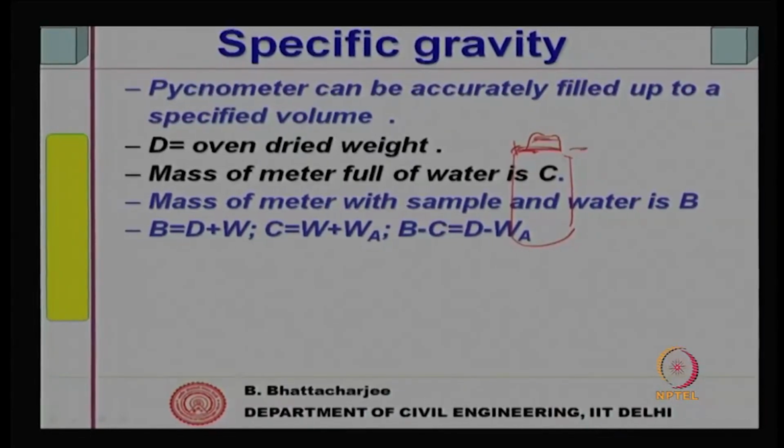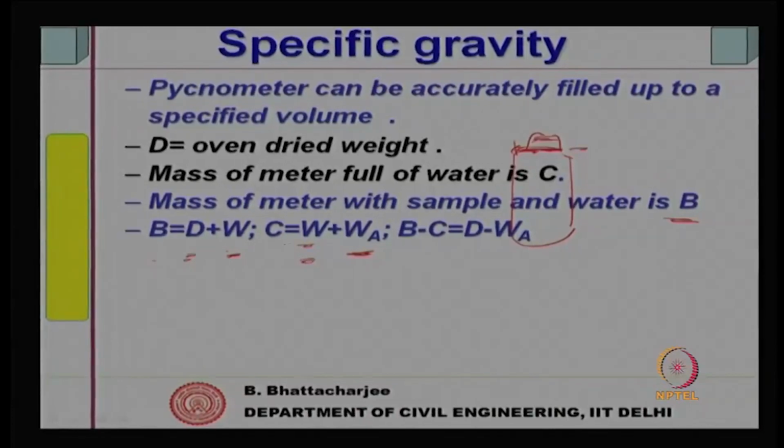So, remove water such that it fills only up to the fixed height all the time, that is, volume is fixed. So, let us say that mass is B, right. So, B is equal to D plus W, that is D plus some weight of water, C is equal to weight of water, this W, plus weight of same volume of aggregate.